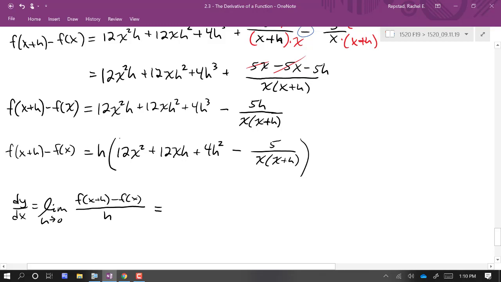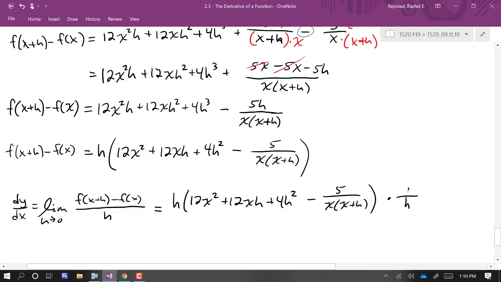So our f of x plus h is the stuff in the line above. And then dividing that whole thing by h means we're just multiplying by 1 over h.